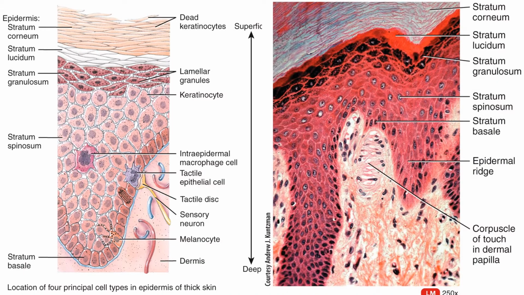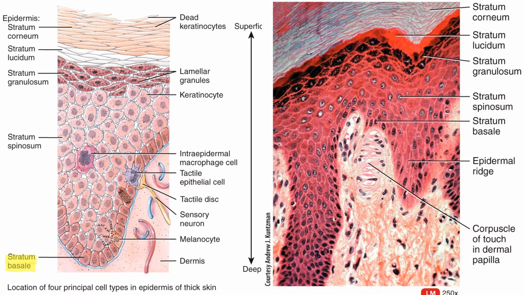So here we can see a pictorial representation of those layers of the epidermis. On the left we have a kind of cartoony picture, and on the right is an actual picture through a microscope. So let's go over each of these layers here. First, the most basal layer is the stratum basale.